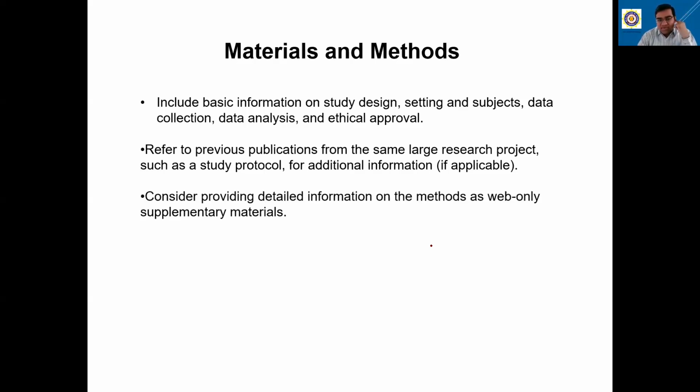We should consider providing detailed information on methods as a web-only supplementary file. If you have done some study that is not the main part of this paper, but you want to give the detail of that, you can attach it as a supplementary file, right?